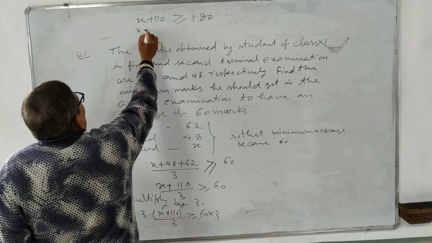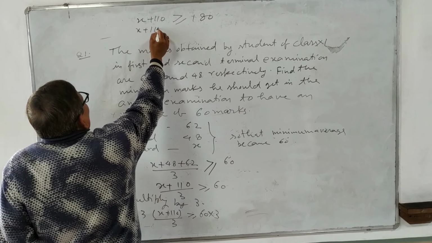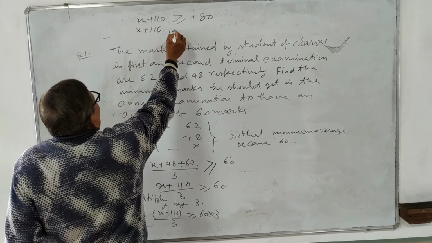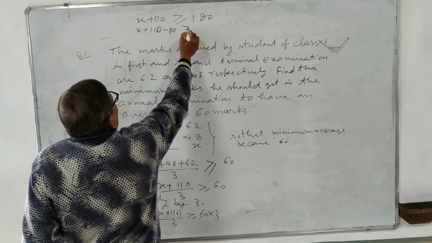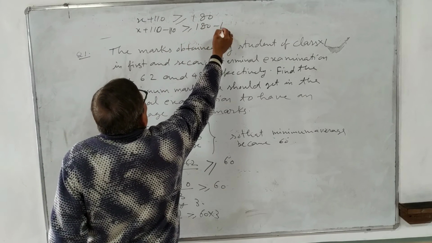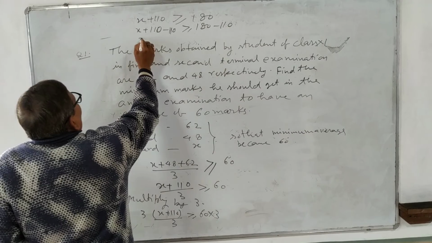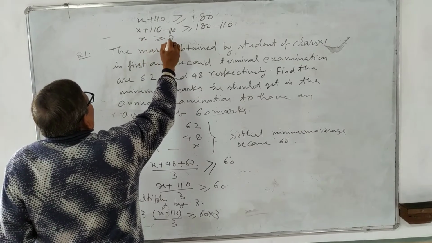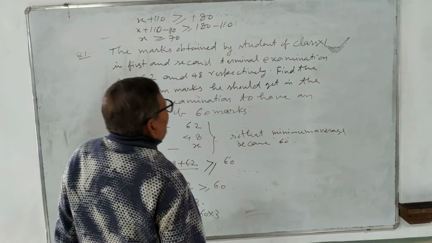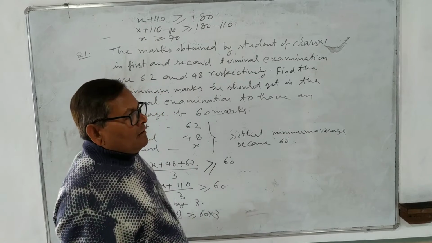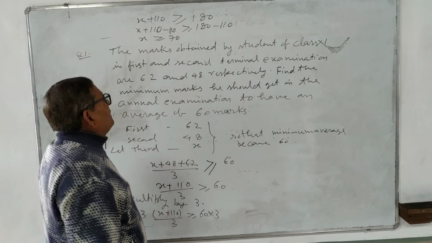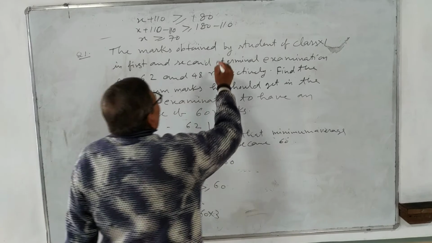Subtracting 110, x + 110 - 110 is greater than or equal to 180 - 110. So x is greater than or equal to 70. So that student will obtain minimum 70 marks in the annual examination.